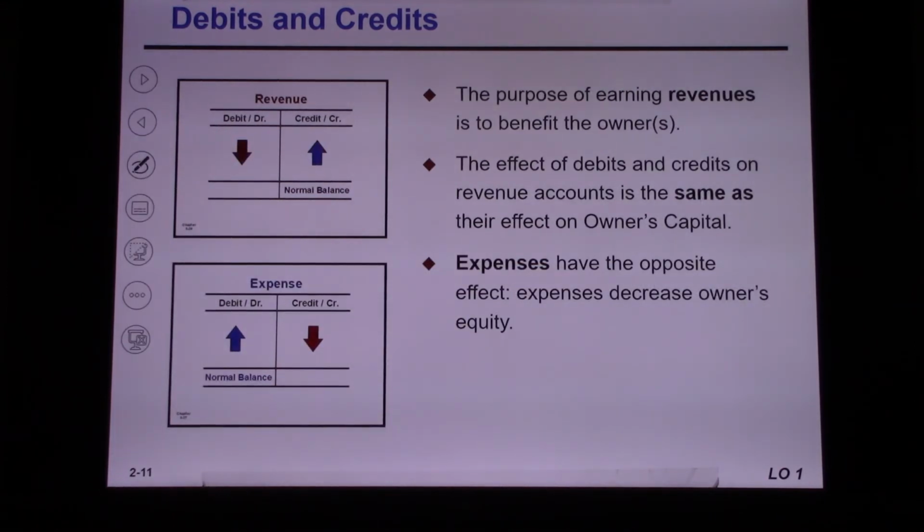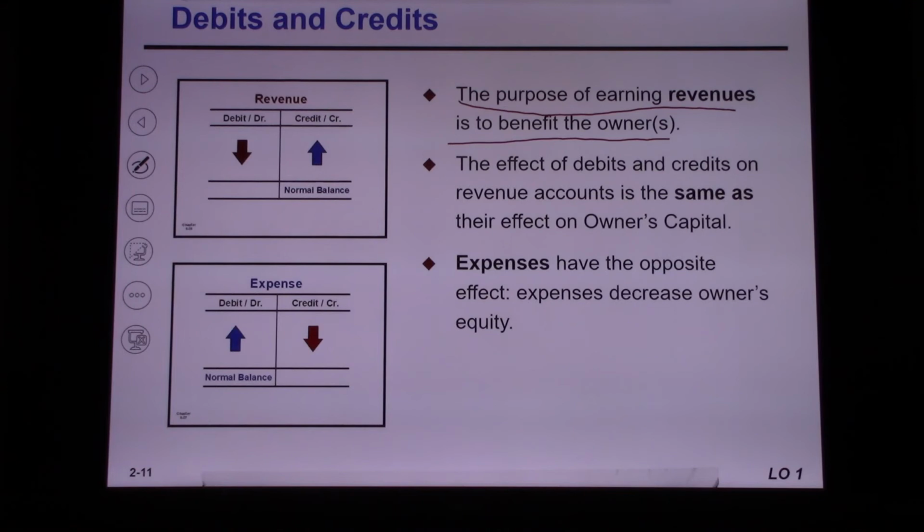Regarding the other two categories of owner's equity, as you know, the main purpose of earning revenues is to benefit the owners of the business. When a company records revenues, owner's equity increases. Therefore, the effect of debit and credit on the revenue account will be the same as the effect on the owner's capital account.